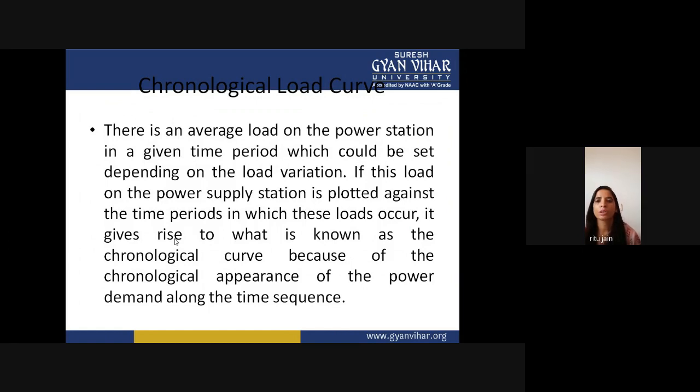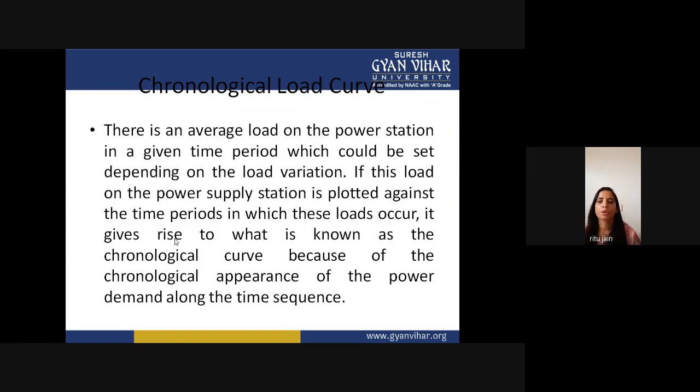If this average load is plotted against the time in which the load occurs, it gives rise to what is known as the chronological load curve. So average load versus time is defined as the chronological load curve.